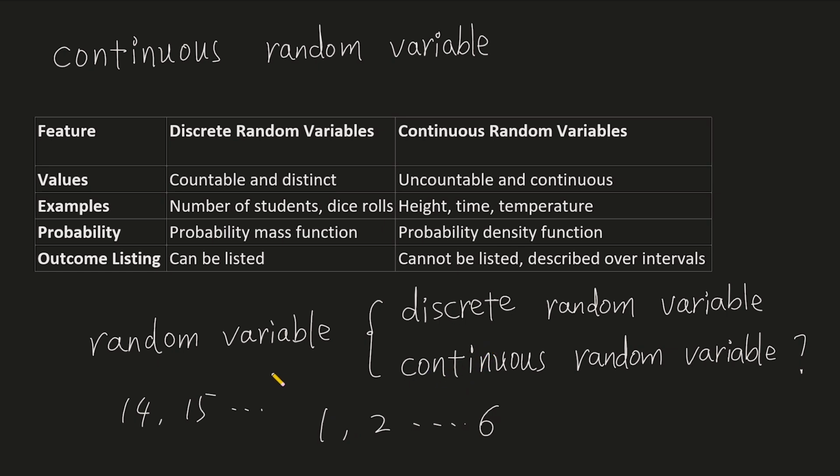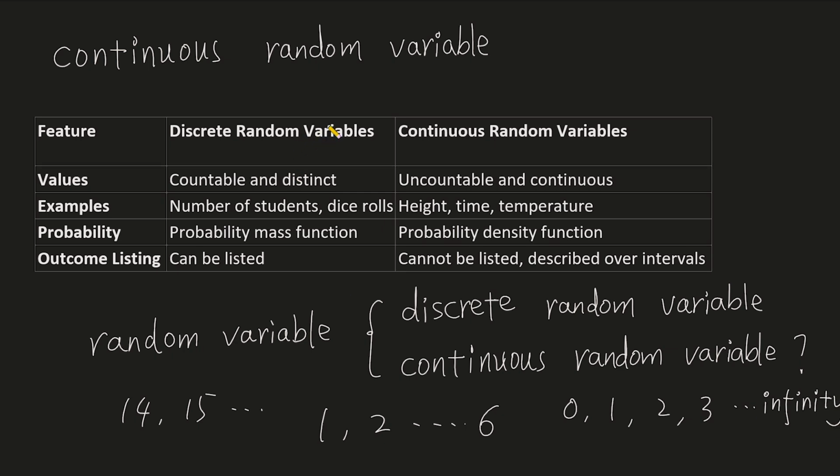Even for a discrete random variable whose possible values are all the natural numbers, they are still countable. They are from 0, 1, 2, 3 until infinity. They are still countable.